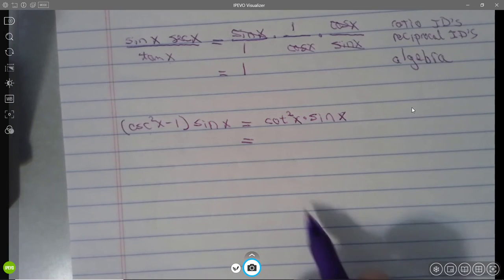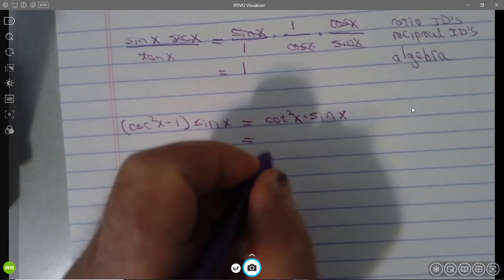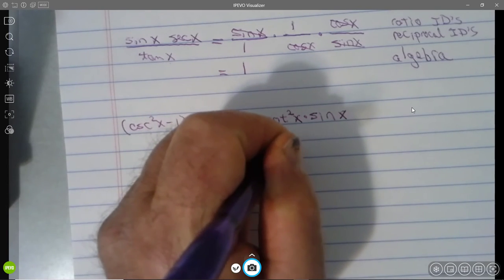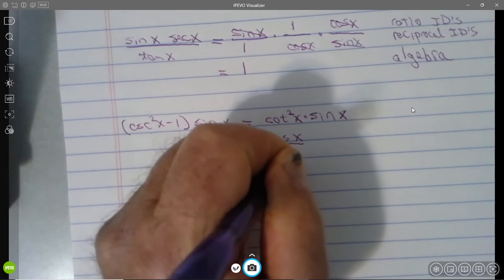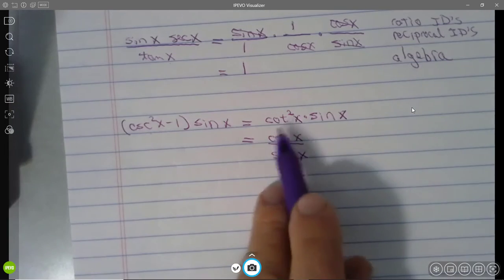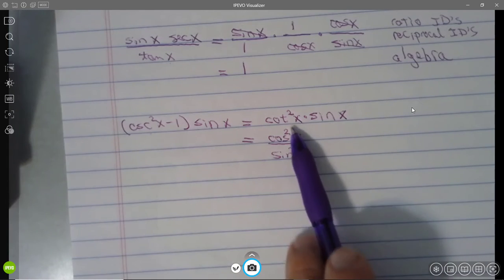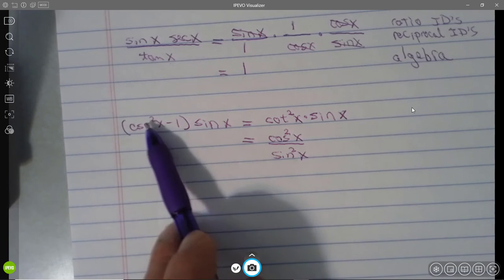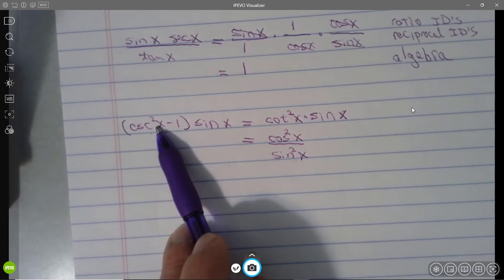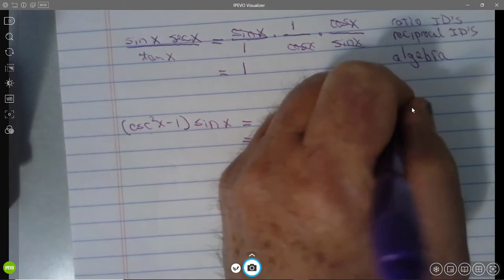Now the next step, cotangent is cosine of x over sine of x. But that's cotangent squared, so these are squared as well. Now, I should probably put in my reason on this one right here. What I did is I used the Pythagorean identity to convert cosecant squared x minus 1 to cotangent squared.